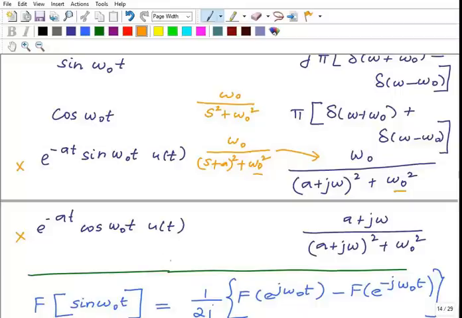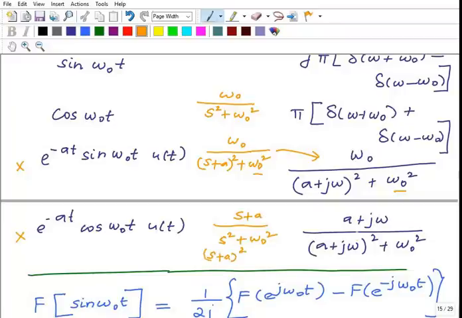Next one, in Laplace for cosine omega naught t, it is s over s square plus omega naught square. Then for e power minus at, s becomes s plus a, here s plus a the whole square.